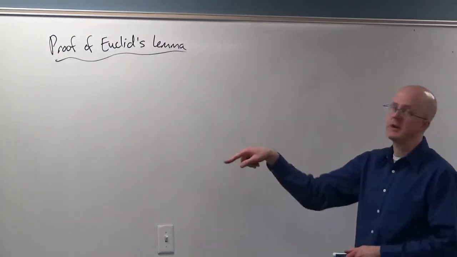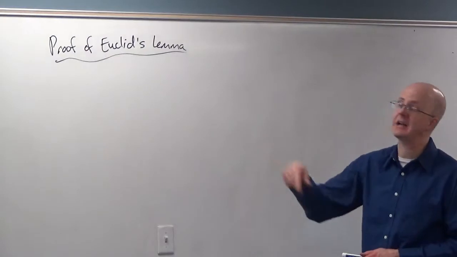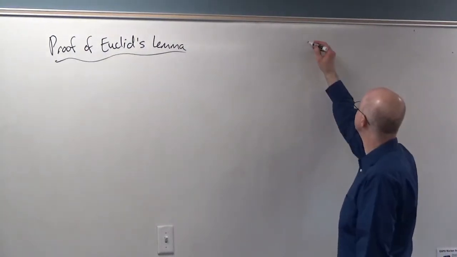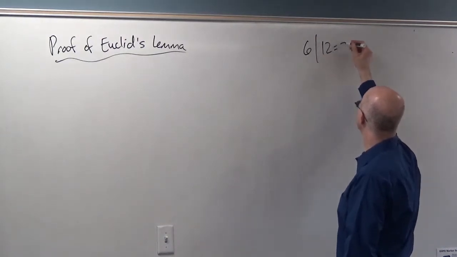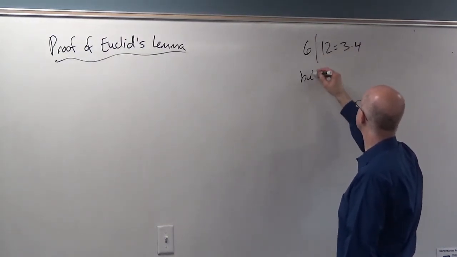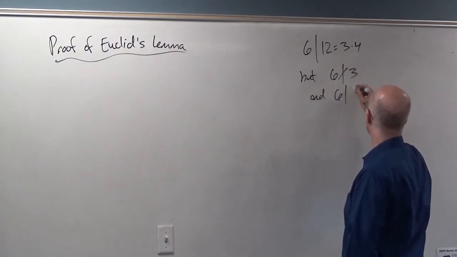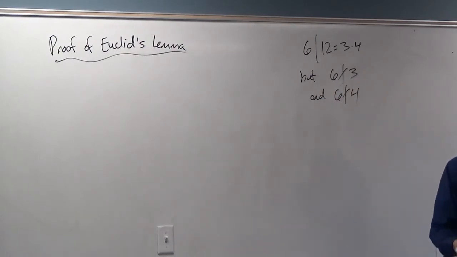Before I do the proof, I should quickly remark that this is not true if P is not prime. For example, 6 divides 12, which is 3 times 4, but 6 does not divide 3, and 6 does not divide 4. But Euclid's lemma does not apply to 6 because 6 is not prime.